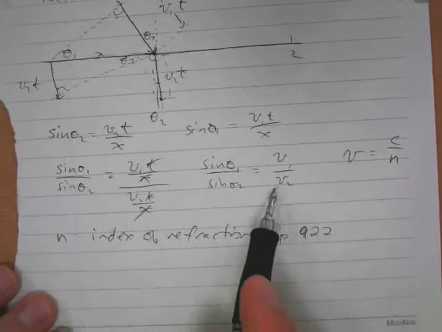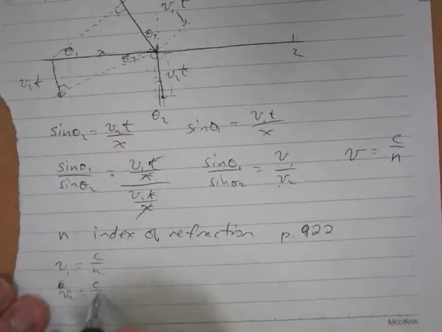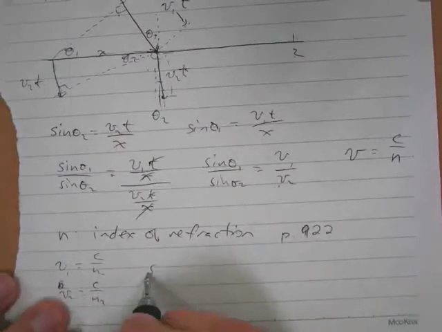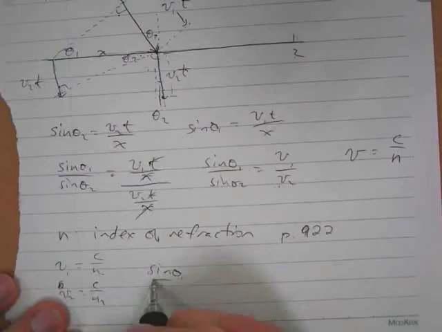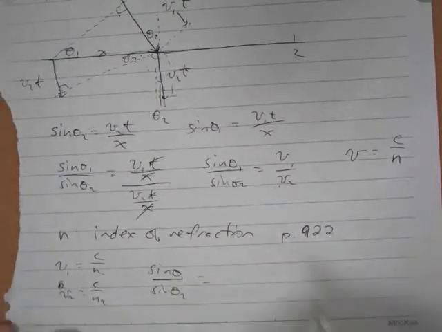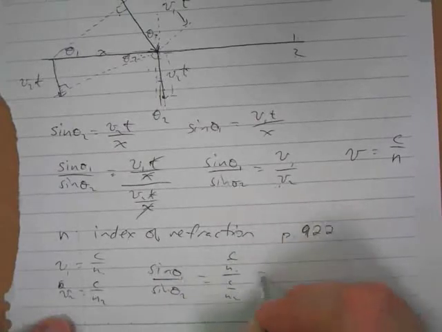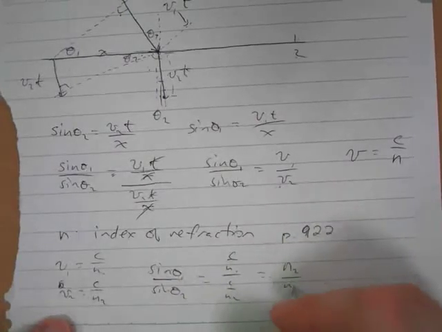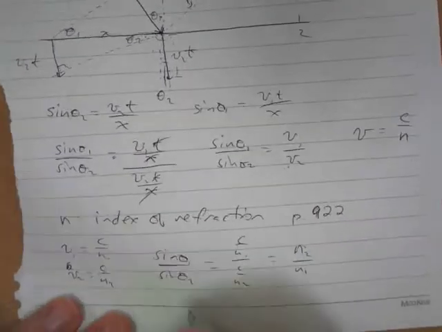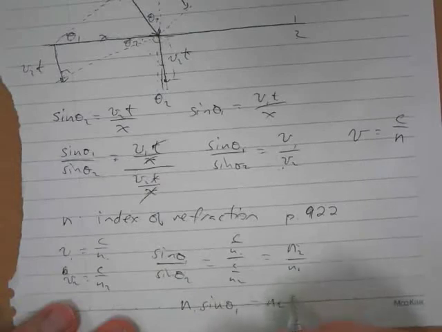So looking at this relationship, v1 would be c over n1, v2 would be c over n2, and plugging those in would give us sine theta 1 over sine theta 2 is equal to c over n1 over c over n2, which is just n2 over n1. And then we cross multiply and get n1 sine theta 1 equals n2 sine theta 2.